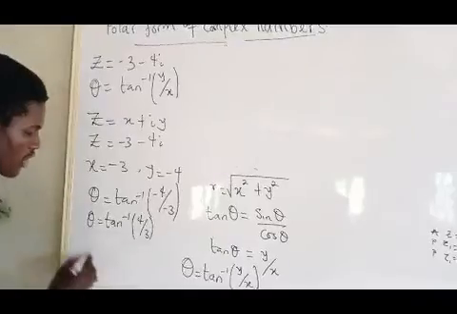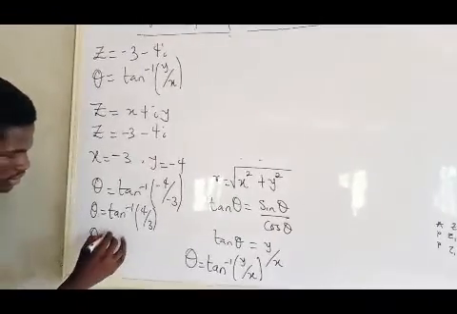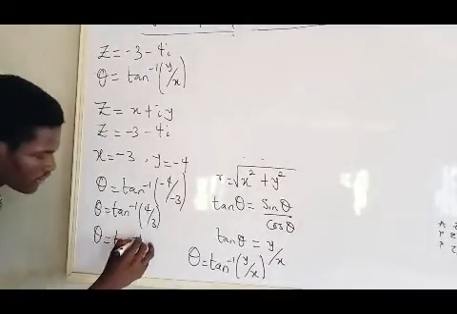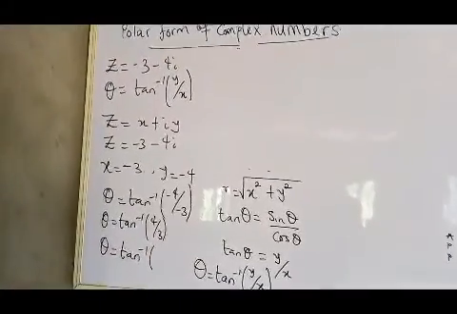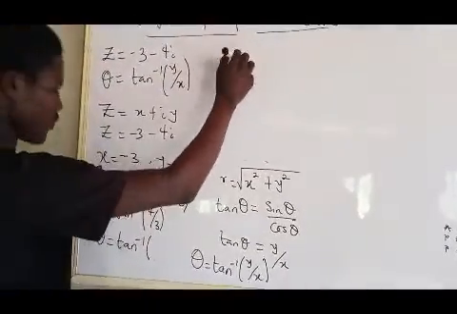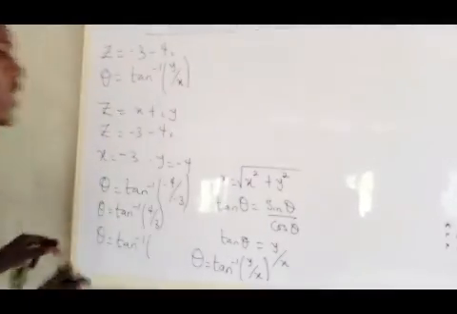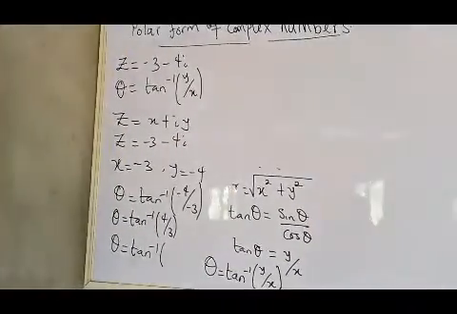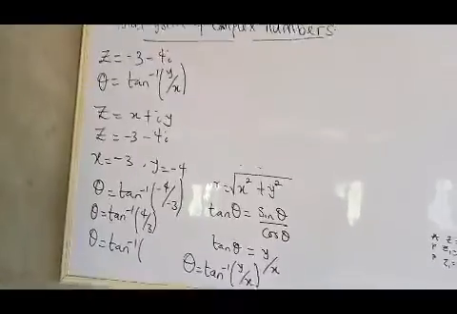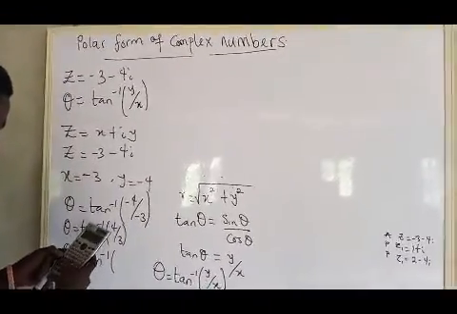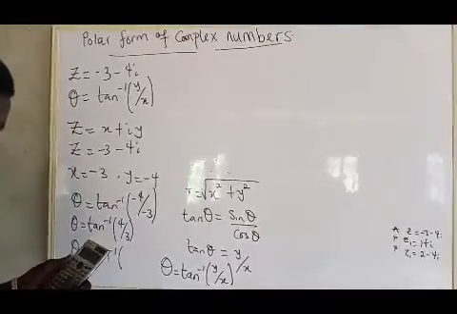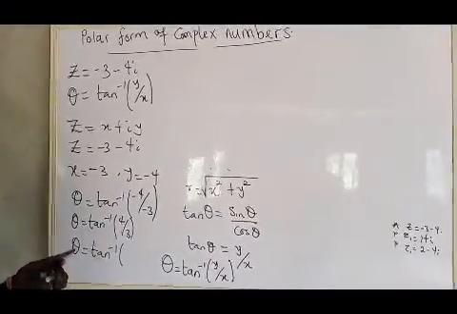Now, 4 over 3. Let's just do something very quick. On my calculator, 4 over 3 is 1.3.